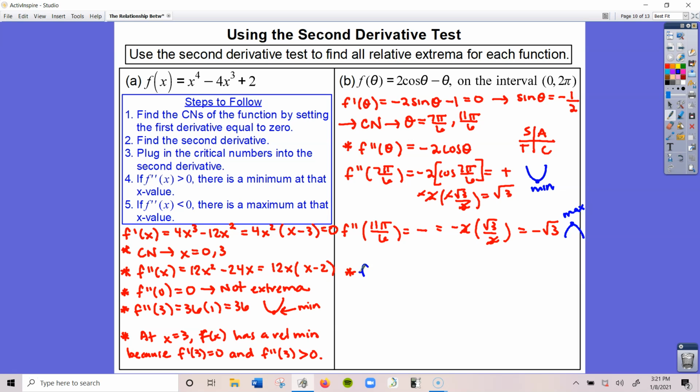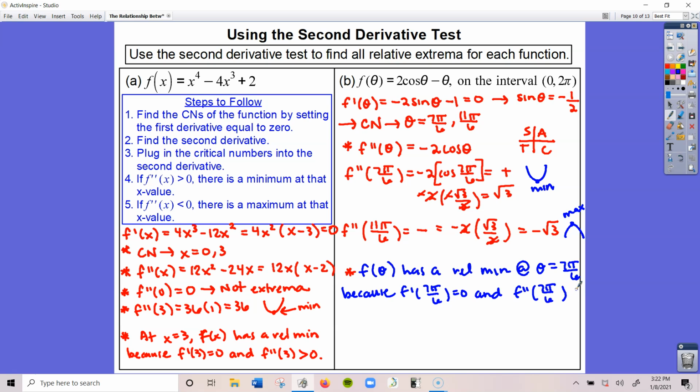So we can say that f of theta has a relative minimum at theta equal to 7 pi over 6 because f prime of 7 pi over 6 is equal to 0 and f double prime of 7 pi over 6 is greater than 0.